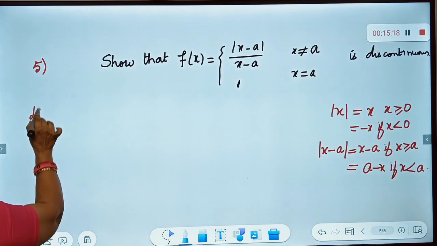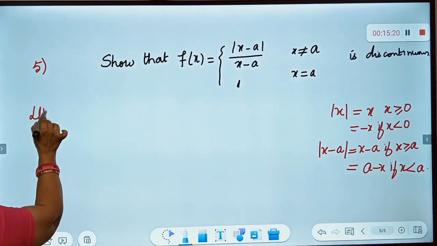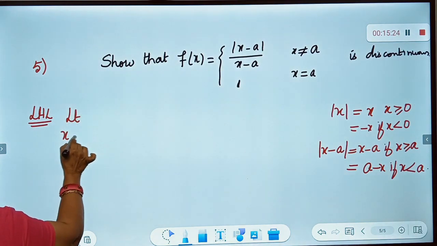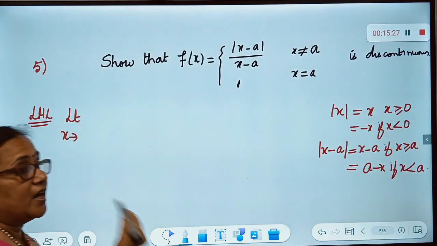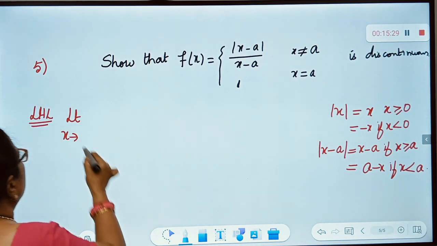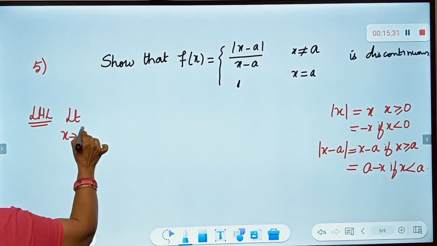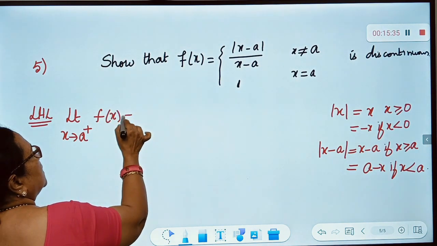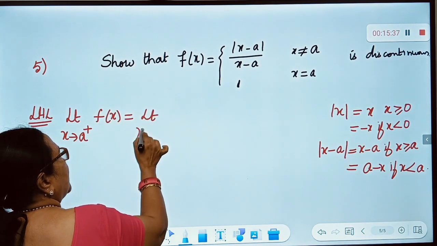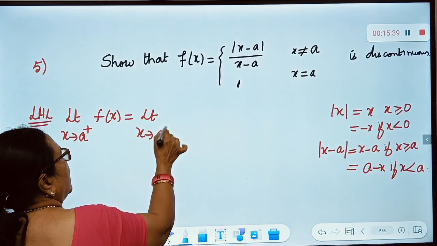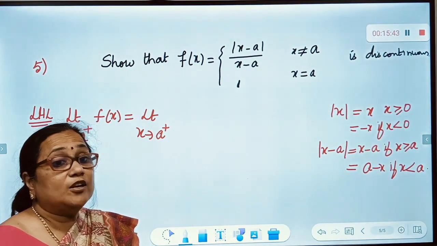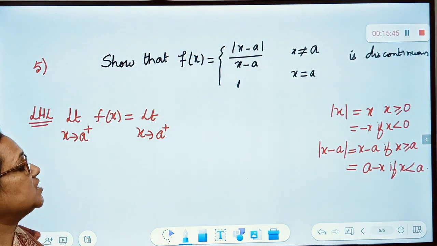Let me look at the limits. The function is defined around a. So I am going to look at limit x tends to a plus of f of x. That means x is approaching a through values greater than a.